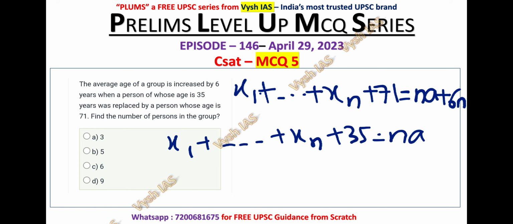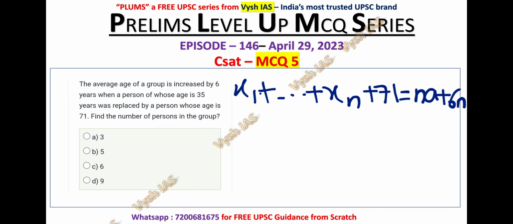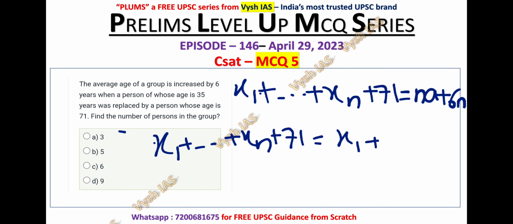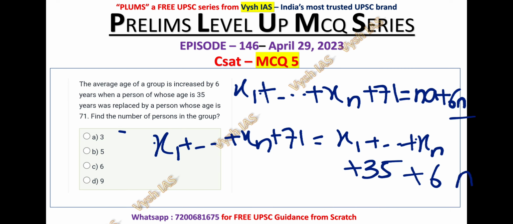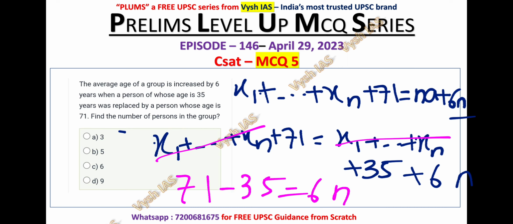So in the place of na we substitute this value. x1 and so on till xn plus 71 equals x1 and so on till xn plus 35, plus the additional value 6n. In the RHS and LHS, x1 till xn will get cancelled. So we get 71 minus 35 is equal to 6n. This will be the final equation.